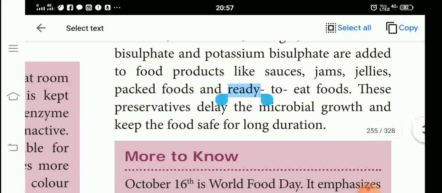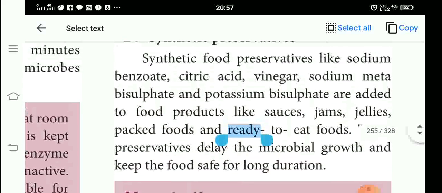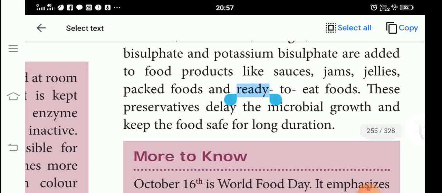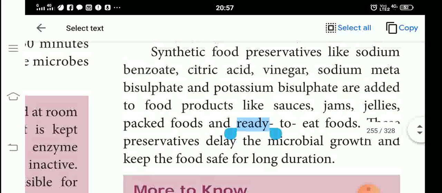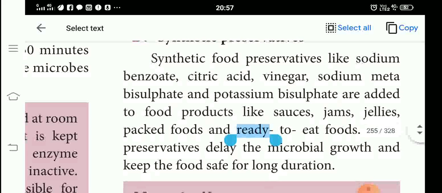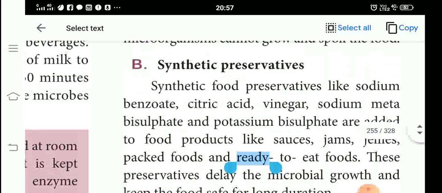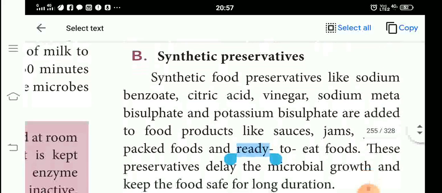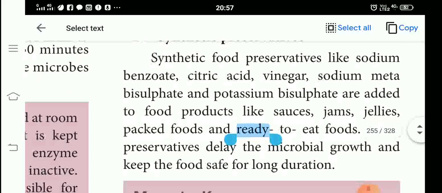These preservatives reduce the growth of microorganisms and keep the food safe to use for a long time, and it can be stored for a long time. So these are the synthetic preservatives which we use to keep the food without spoilage.